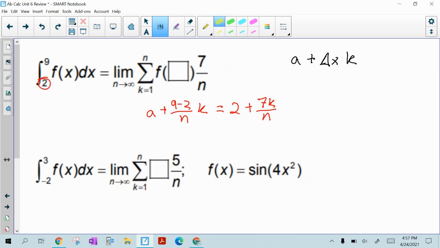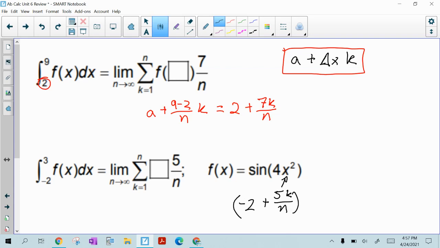Well, just because I've got that f of x, I know that f of x has to go inside my expression, and I'm going to be subbing in for that x. It's the same setup as what I've got here. So I'm going to say negative 2 plus, the difference between these two is 5k over n. And now that is going to go in for x in there.